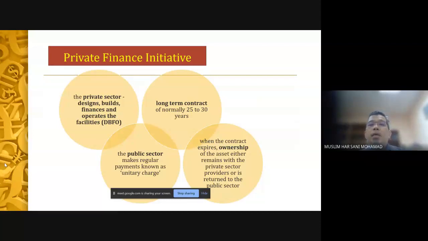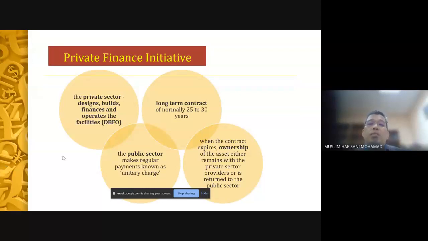Okay, second, the contract is still continued in the form of a concession, just like other concessions before. Where the government is giving the concession to a private sector, it is a public sector asset, but in the hands of private companies. Okay, so in this case, a long-term contract of normally 25 to 30 years.